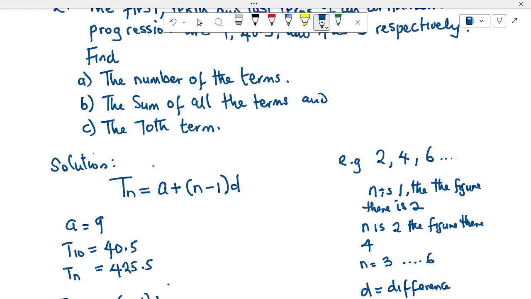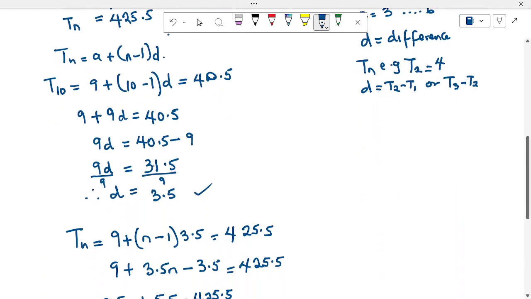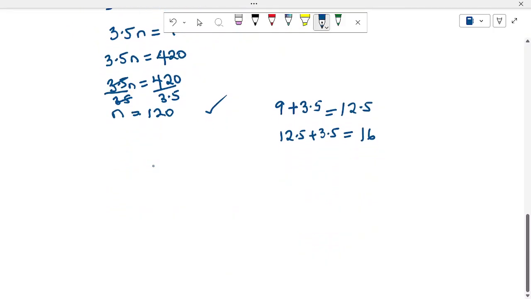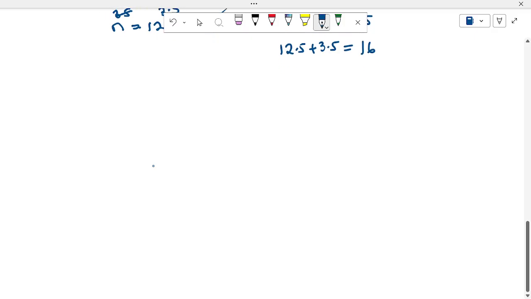Let's get the sum of all the terms. We already know now that we have 120 terms. So in answering questions, what did I say you do first? You write your equation that shows that you know what you are doing.